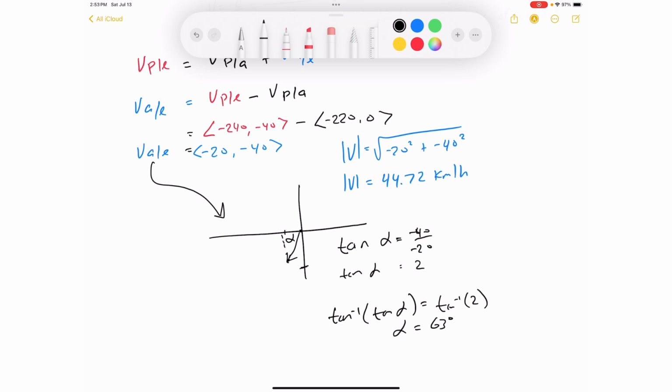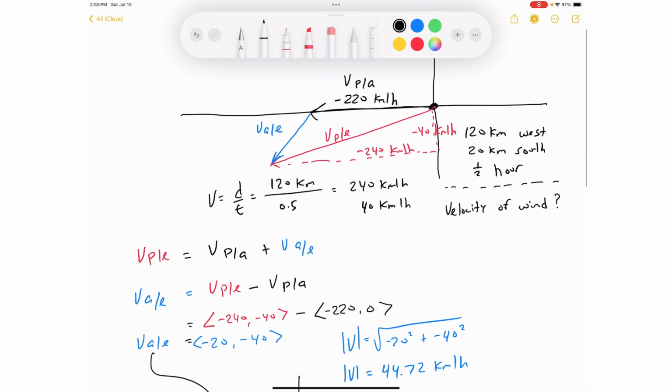So it turns out that the air is actually moving at 44.72 kilometers per hour at 63 degrees south of west. You can think of it as going west, but pushing down south at that angle.